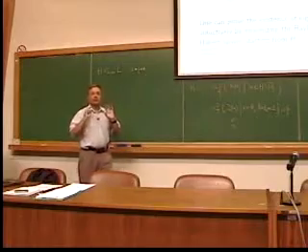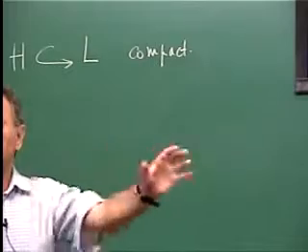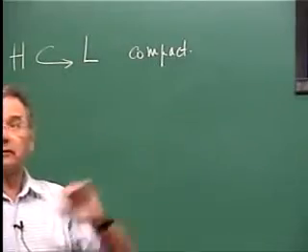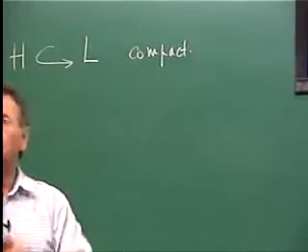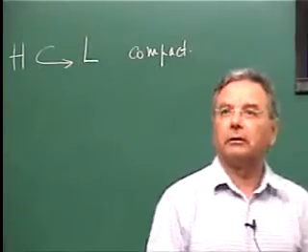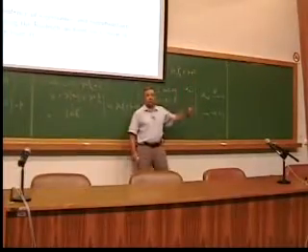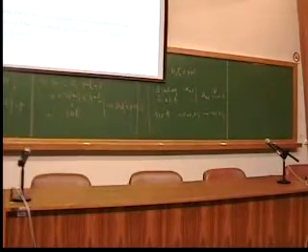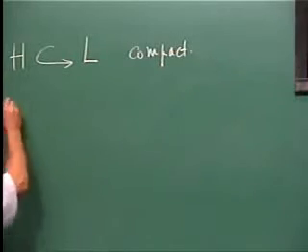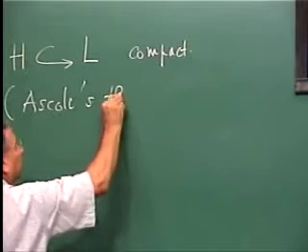Compact means that you send a bounded sequence to a sequence with converging subsequences. Of course, here my subsequence is bounded also, and so this is just some kind of Ascoli's theorem.